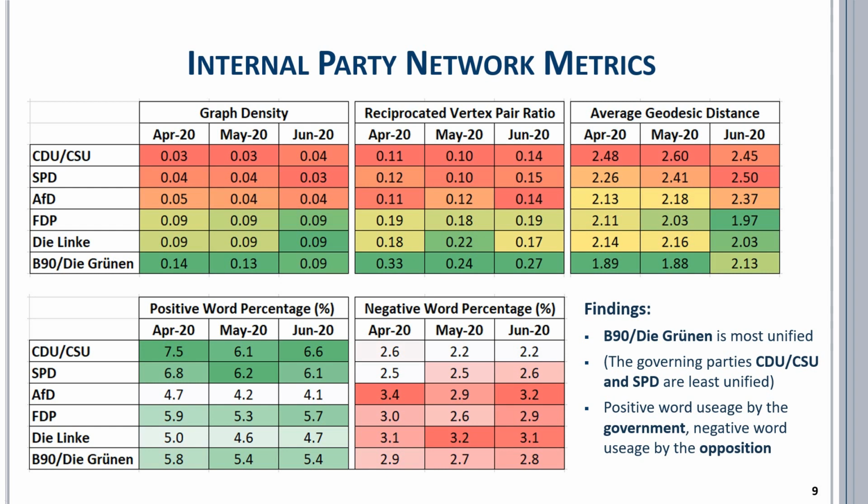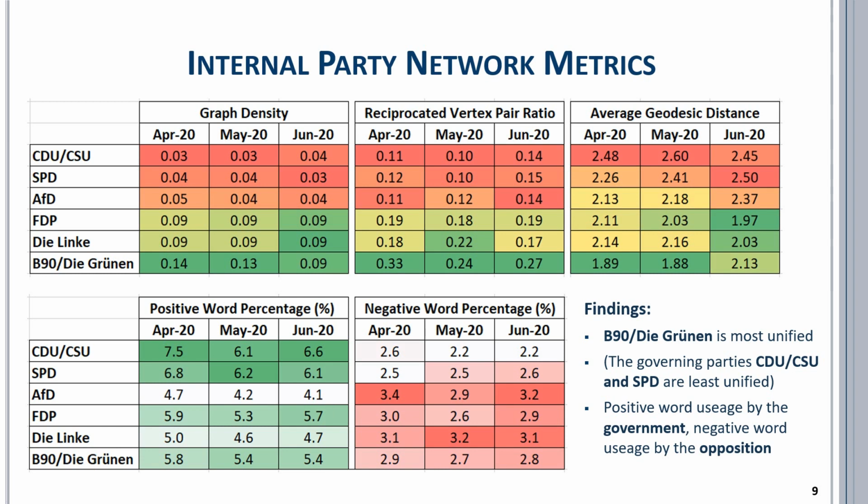Another interesting pattern can be observed when looking at the use of positive and negative words by each party, which are shown in the tables at the bottom. Here you see that the share of positive words is highest for the governing parties, while the AfD uses the least amount of positive words.